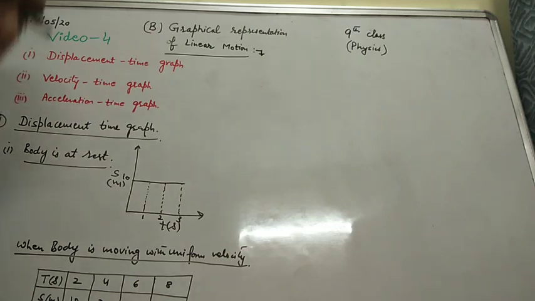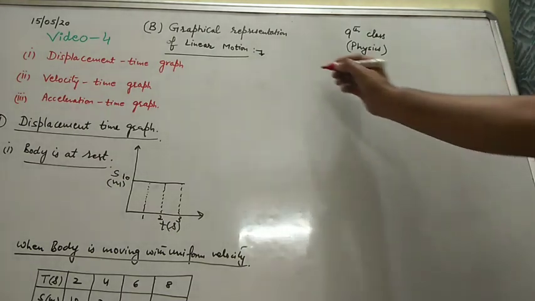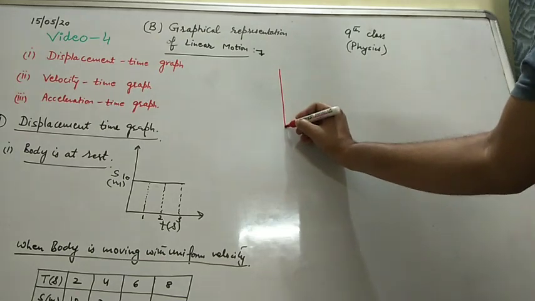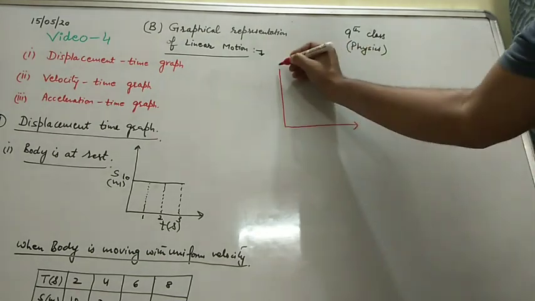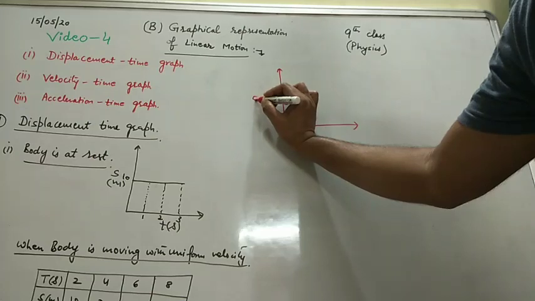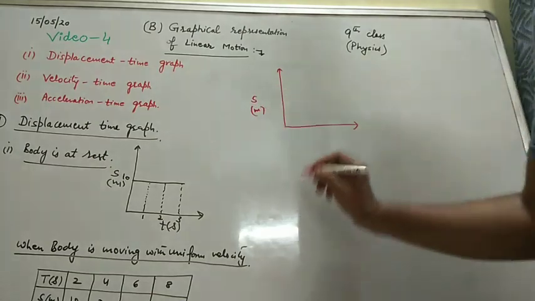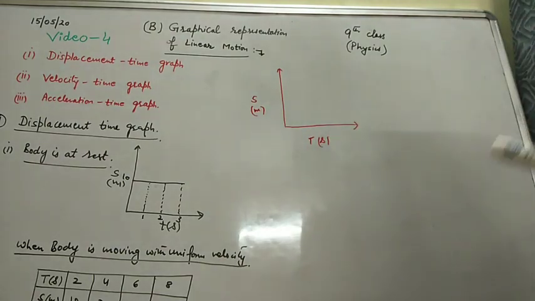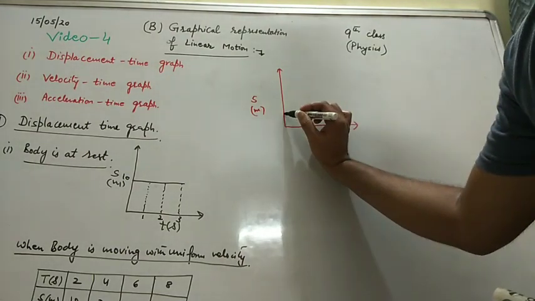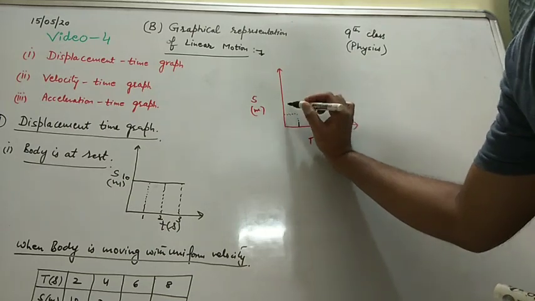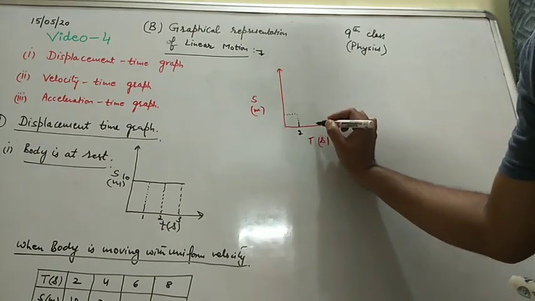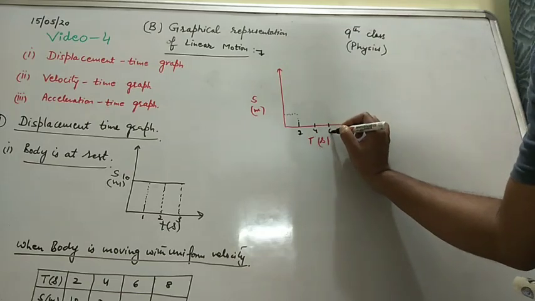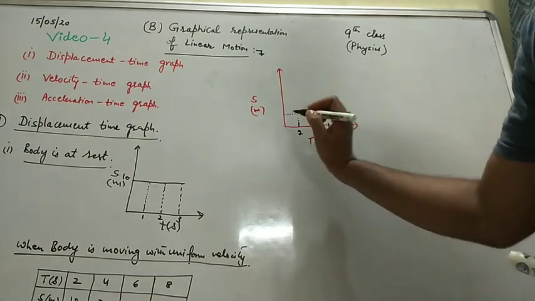And how can we draw the graph for this? We can draw the displacement time graph in this way. Vertical axis for displacement and horizontal axis for time. Now this is for the first observation, 2 seconds, then 4, then 6, and the last one is 8.